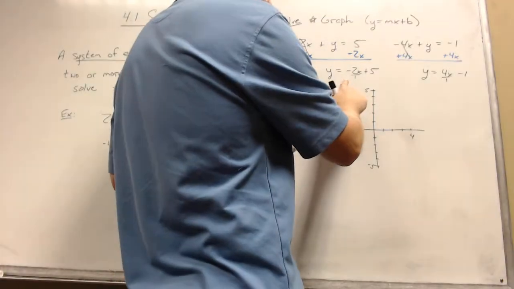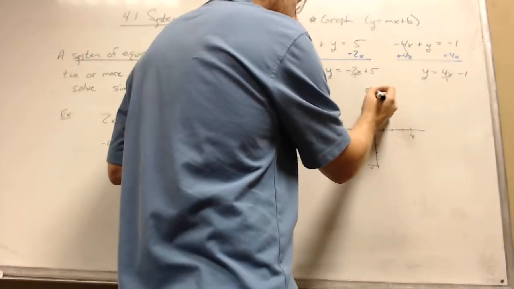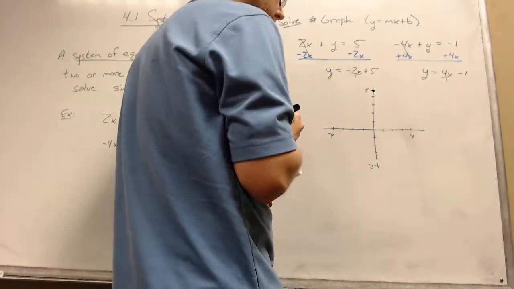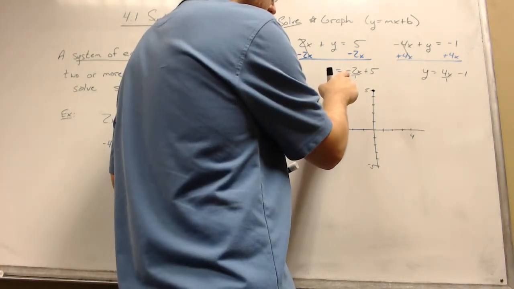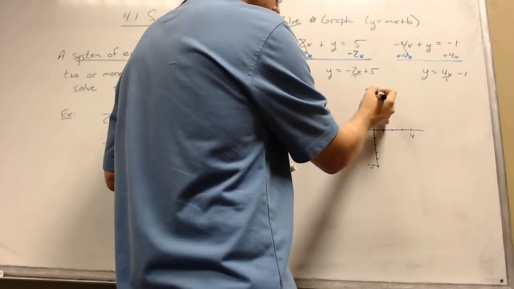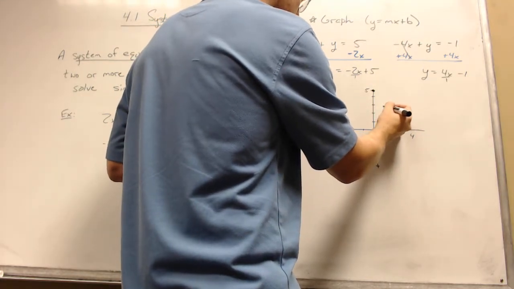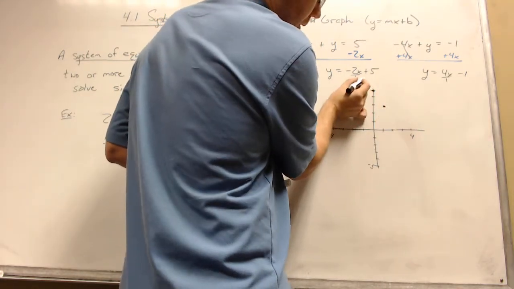If I'm going to graph this line, y-intercept of 5, and then from there we take a negative 2 rise, so down 2, 1, 2, and to the right 1. That's our first line.